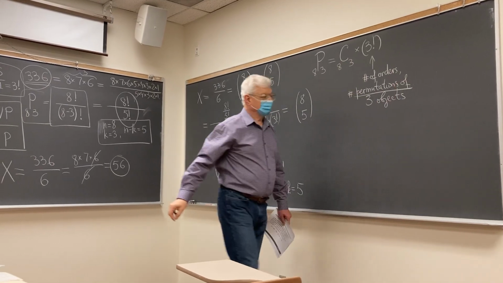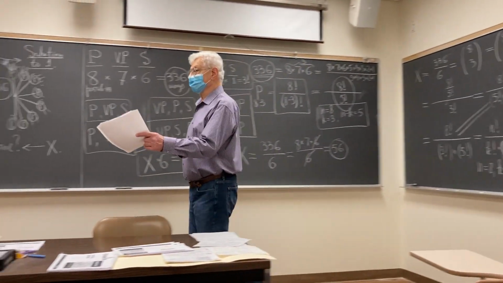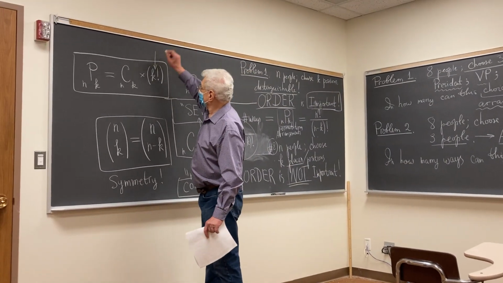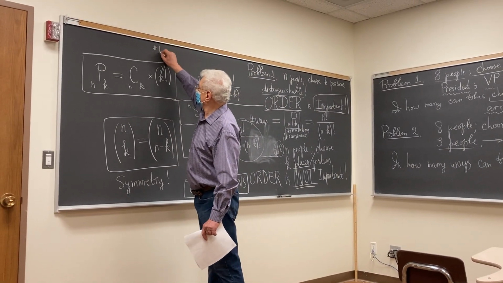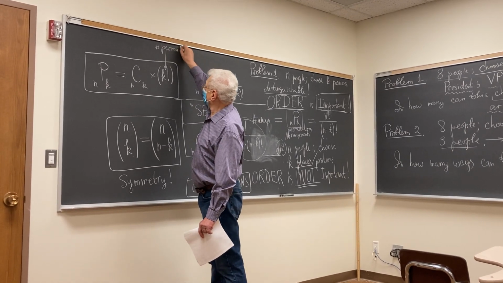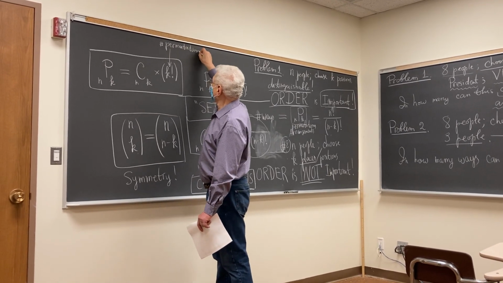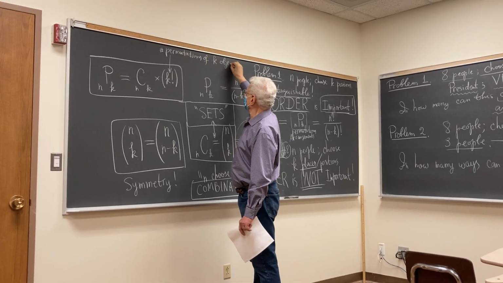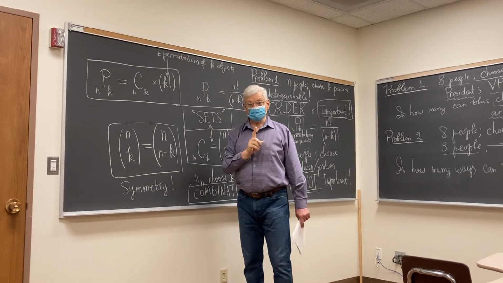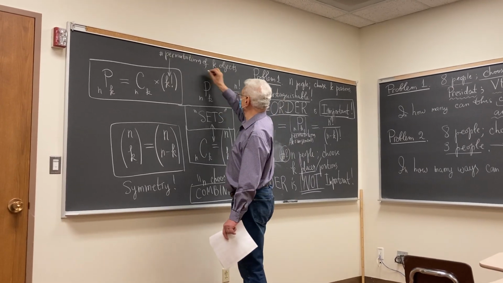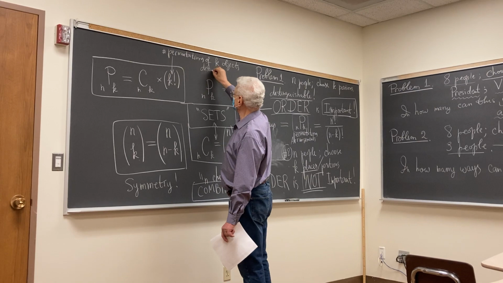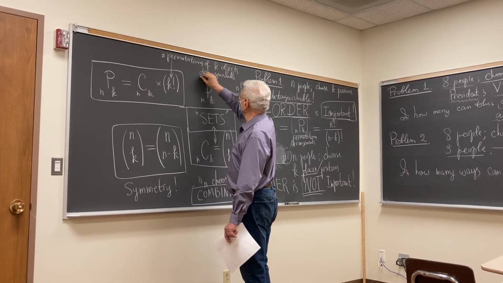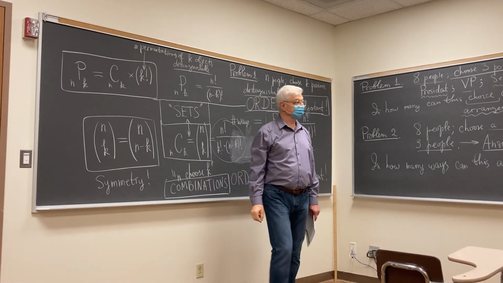This is the same as here: we multiply by k factorial, and we get the number of permutations of k objects. Now, these k objects must be distinguishable. Only in this case you have 3 factorial.